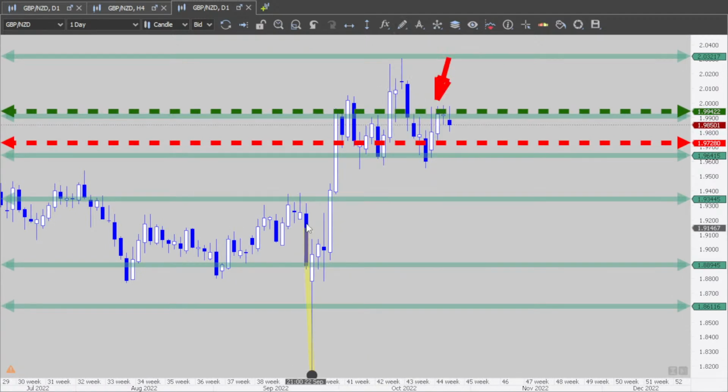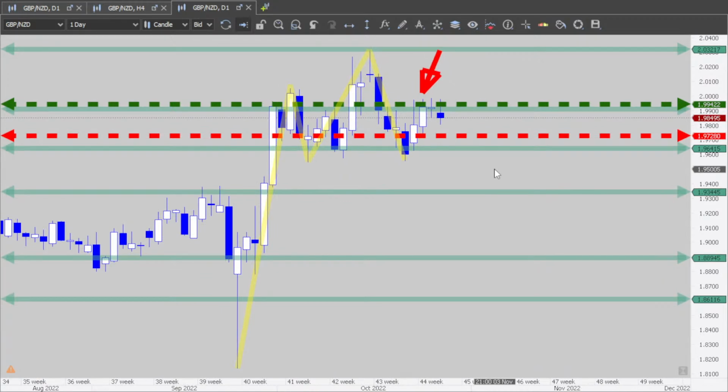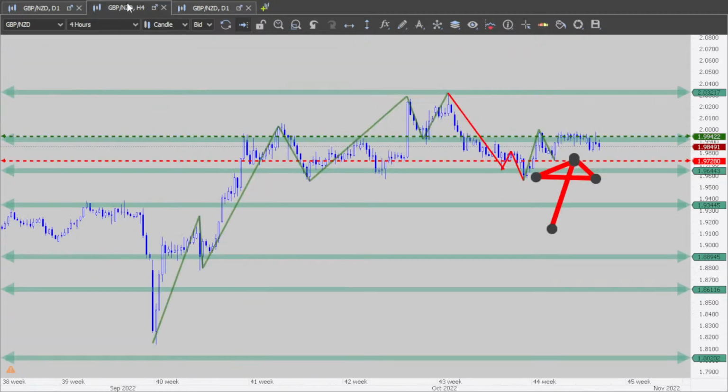So Metia must check low to high, high to low, low to high, high to low. Is the daily in an uptrend? We have another high on the short-term trend, only a few pips.